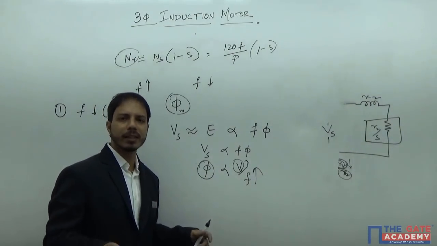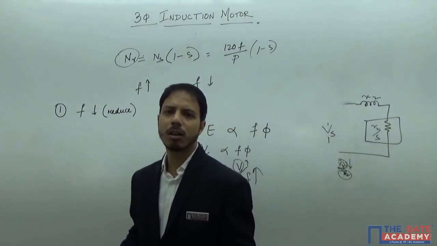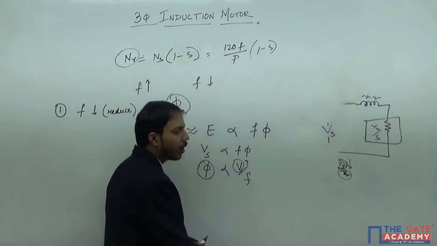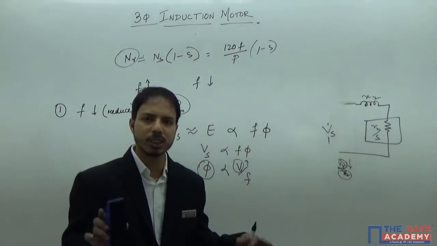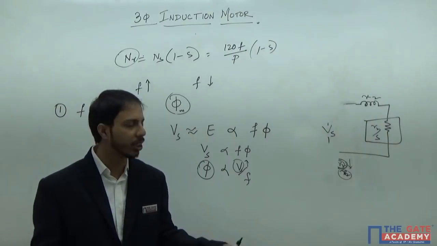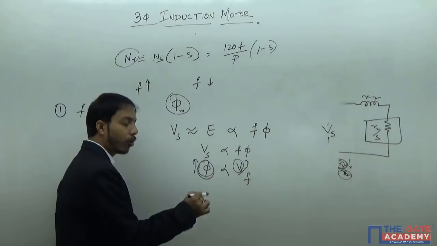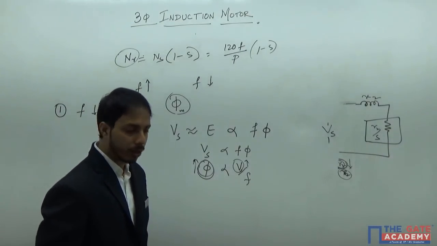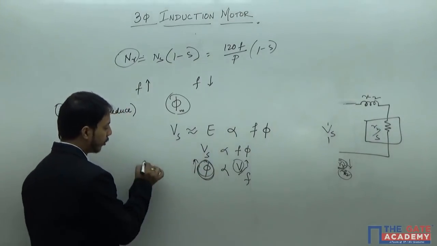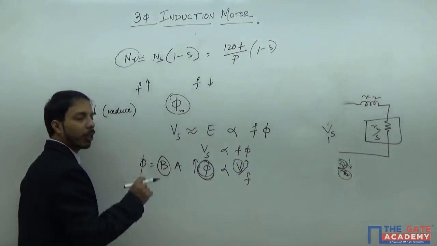Now you might think, how can we apply high voltage in a particular machine? If we keep the frequency constant at 50 Hertz and apply high voltage, you may think the flux will increase and there will be losses. But phi is equal to B into A, and B should actually be constant.